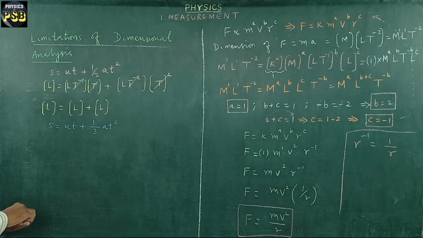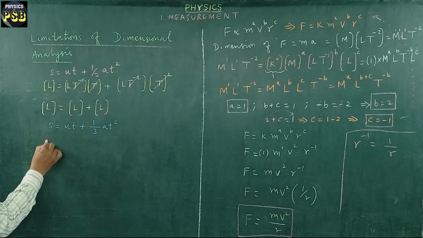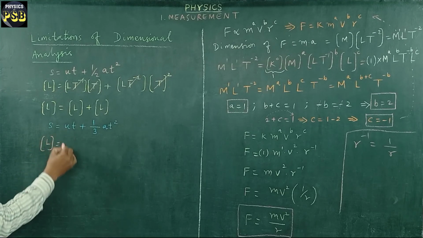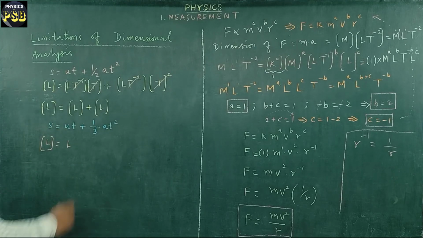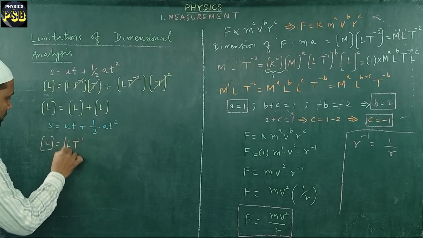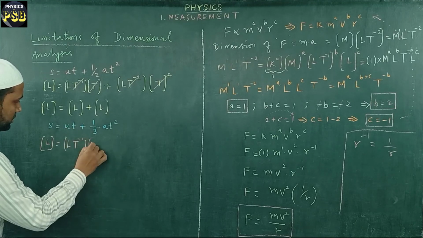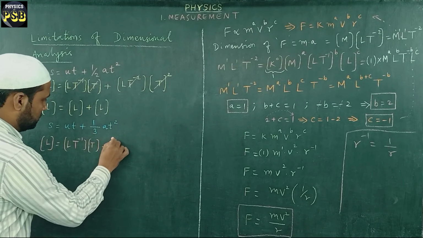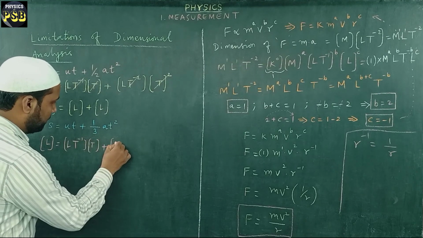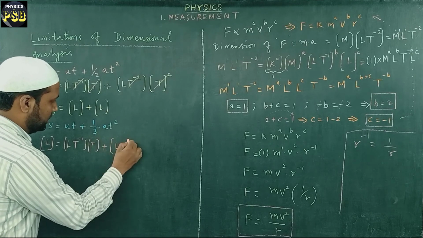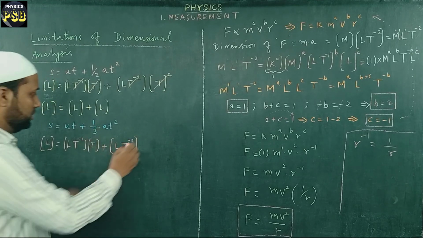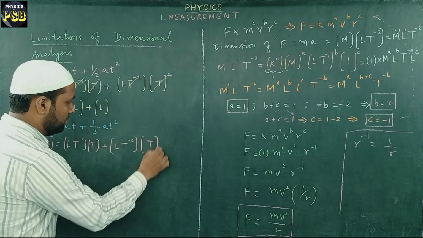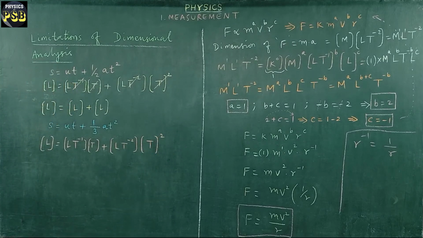What do I get? The dimension of s is L. The dimension of u is L t power minus 1. The dimension of t is capital T. Then 1 by 3 has no dimension, so nothing changes. The dimension of a is L t power minus 2. And the dimension of t is capital T raised to the power of 2.